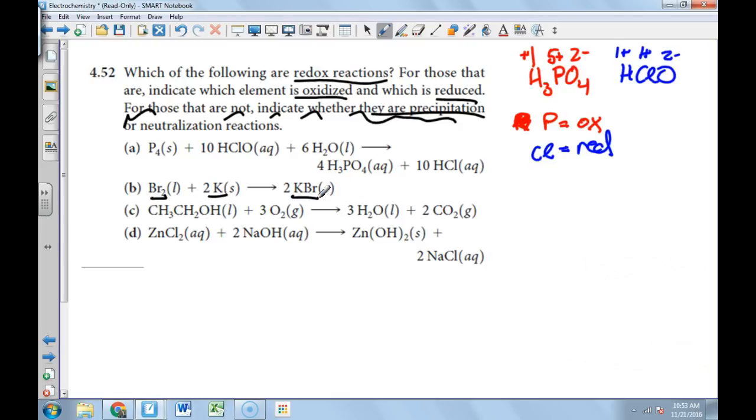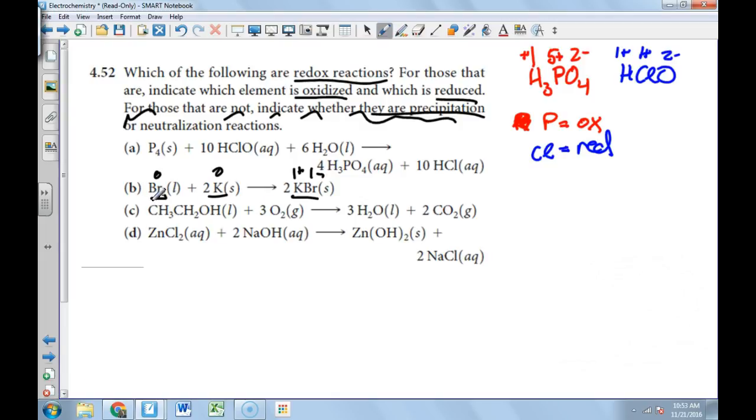Immediately, because you have an element going into a compound, I would say that it's got to be a redox reaction, because these two things have an oxidation state of 0. In potassium bromide, this is going to be a 1+, this is going to be a 1-. So what's being oxidized here?